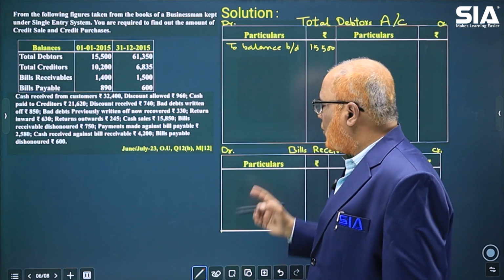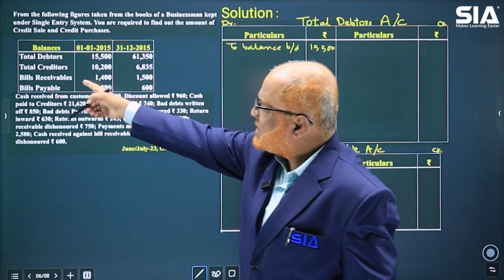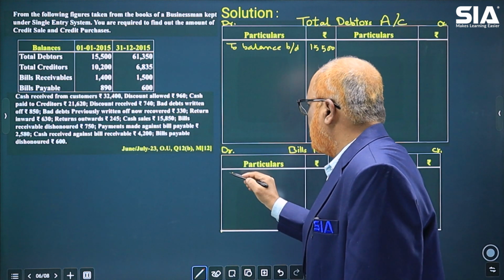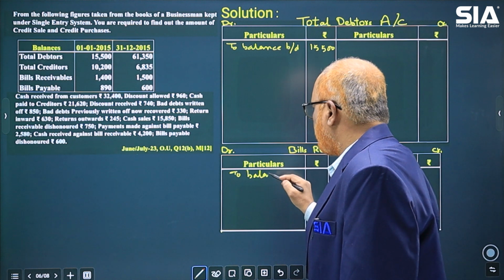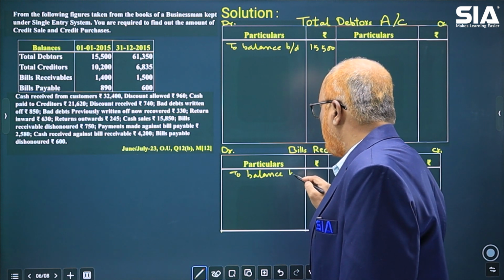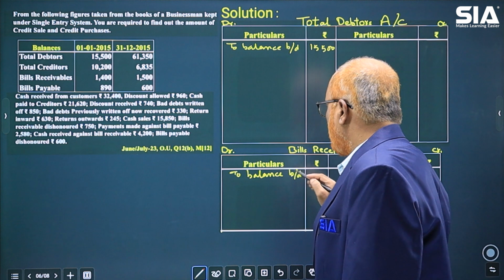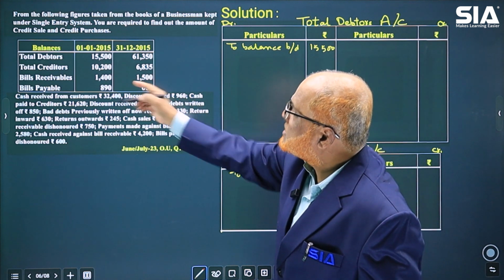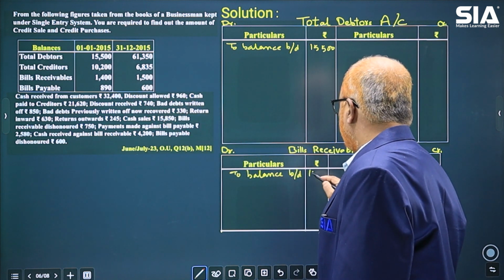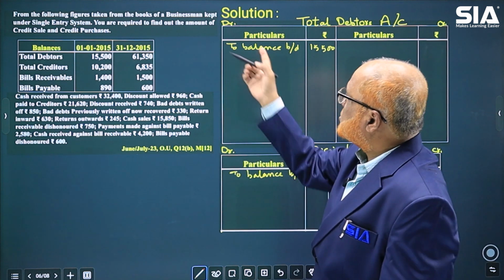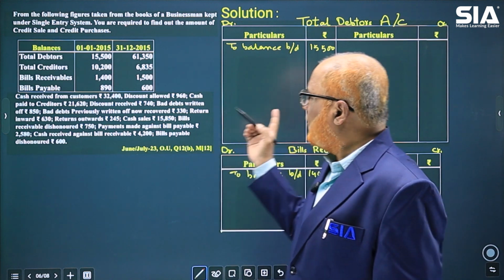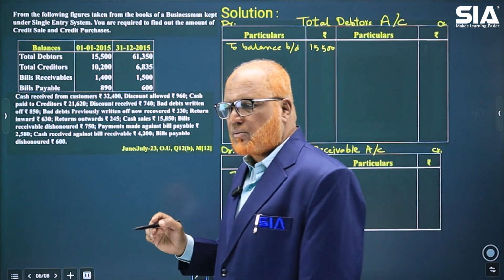Then opening bills receivable. You can see bills receivable opening 1,400. So to balance brought down. How much is the balance of bills receivable? 1,400. That's all. So opening balances of debtors and opening balance of bills receivable.